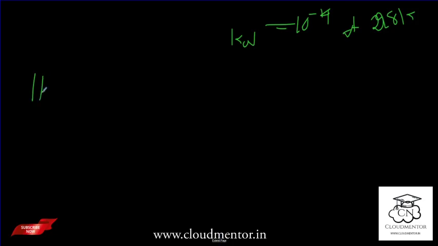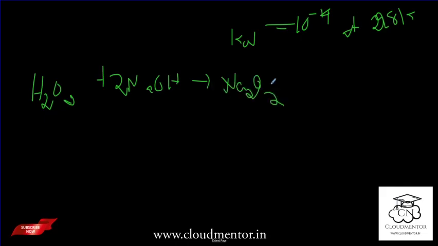I can show that: H2O2 plus 2NaOH giving Na2O2, this is the peroxide, and 2H2O.